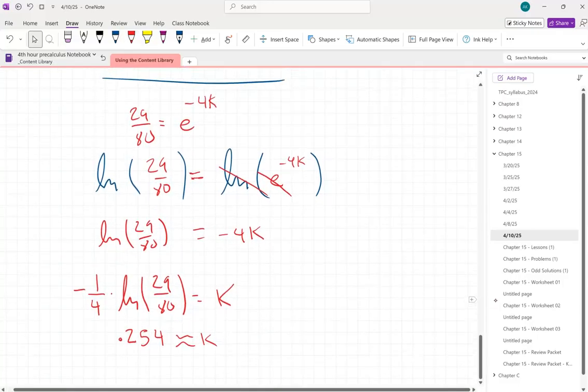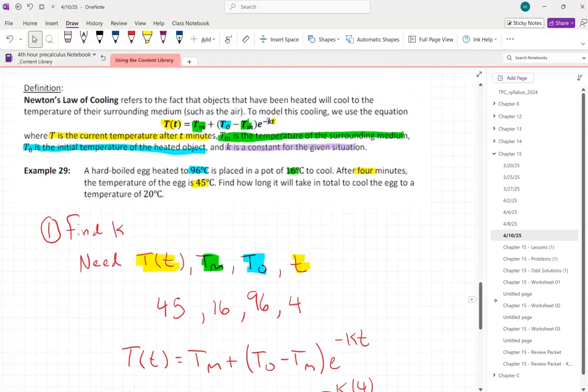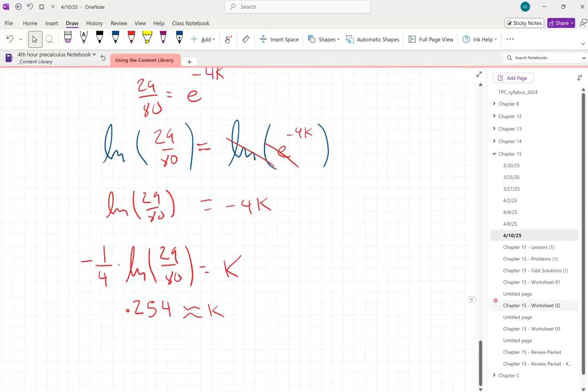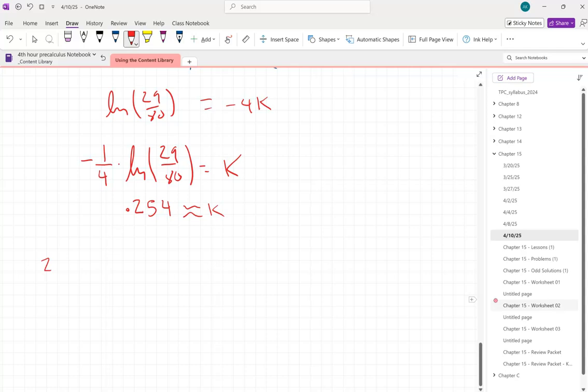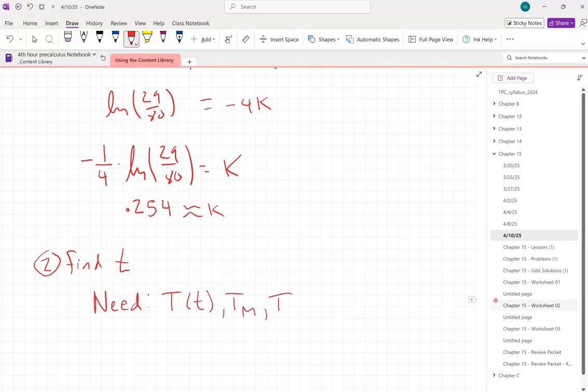So far, so good. Now we're ready to answer the meat of the question. How long in total will it take to cool the egg to 20 degrees? So that's asking me for a little t, right? So if I'm going to do that, I'm going to need a T of t, a Tm, a T naught, and a k.